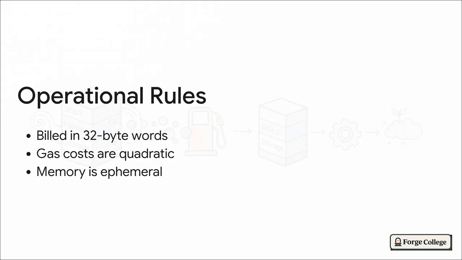You touch a single byte, you buy the whole tray. Second, gas costs have a quadratic component. To save your users money, pre-calculate your needs and batch your allocations whenever humanly possible. And third, memory is completely ephemeral and scoped entirely to the call frame. If you want to keep the data after a subcall, you explicitly have to copy it back.